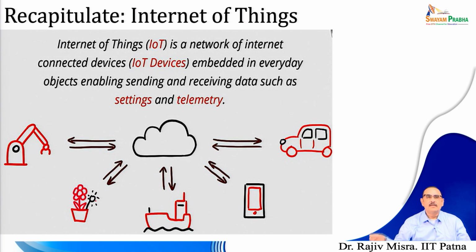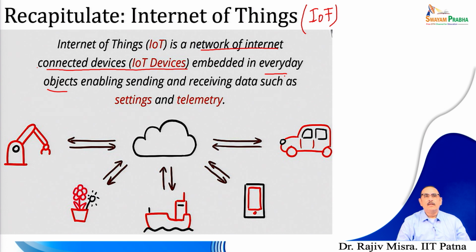So, again let us revisit the definition of Internet of Things, also called as IoT. Internet of Things is a network of such IoT devices which are embedded in everyday objects, enabling sending and receiving data such as setting and telemetry.